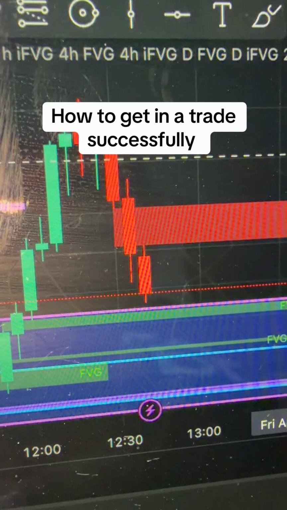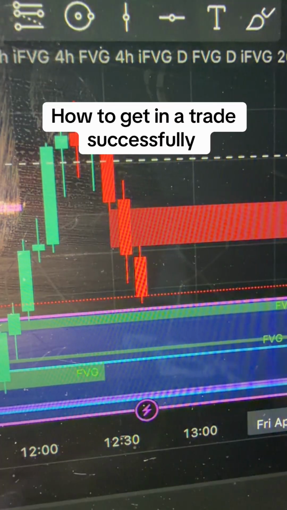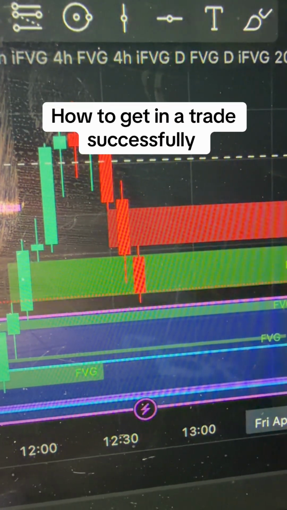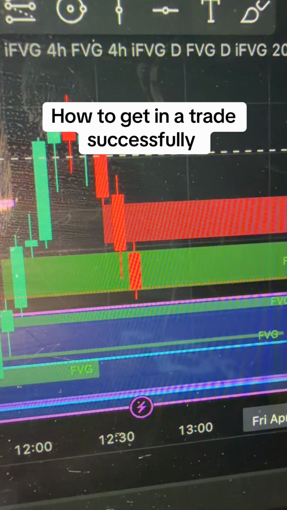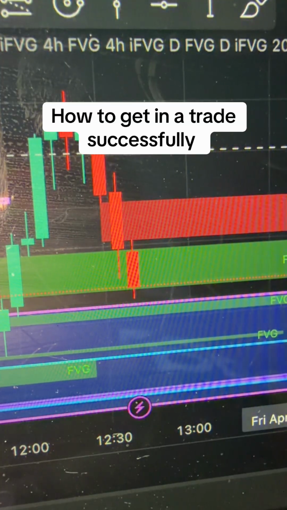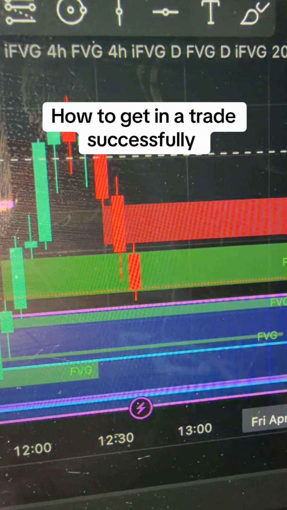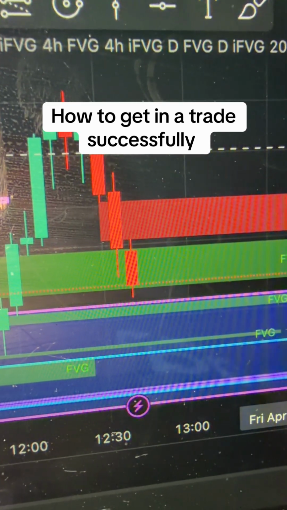We're just waiting. It's like 2 minutes and 17 seconds into this particular candle. So we're super close to the zone.